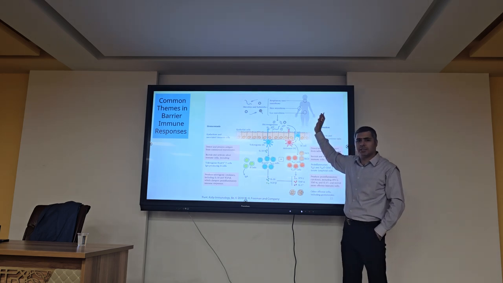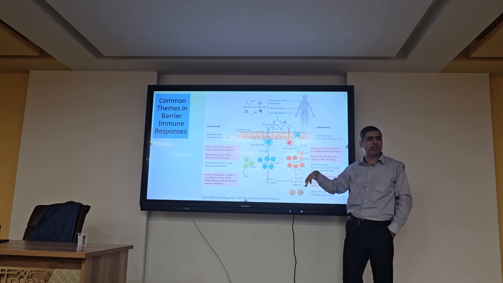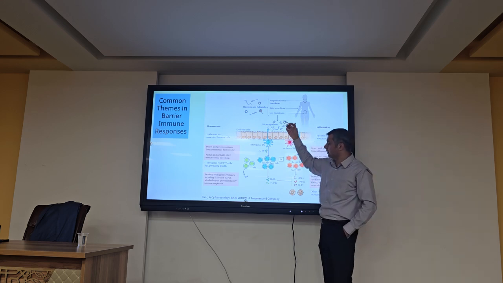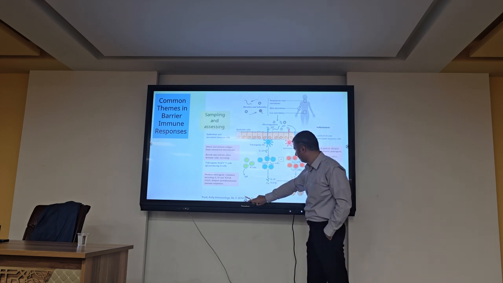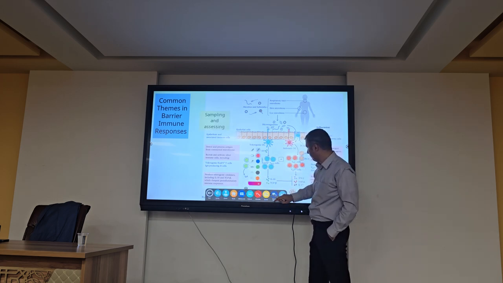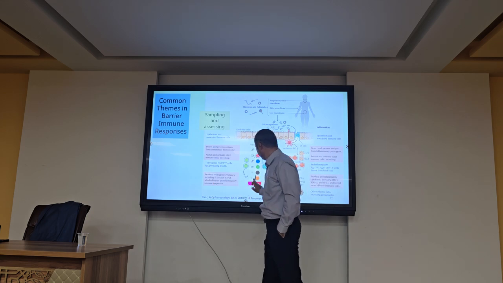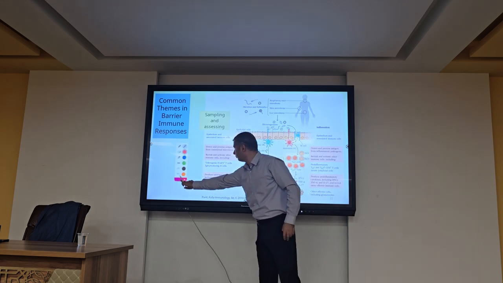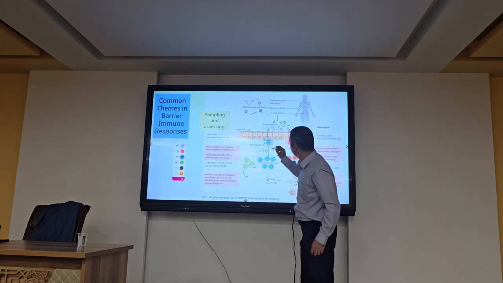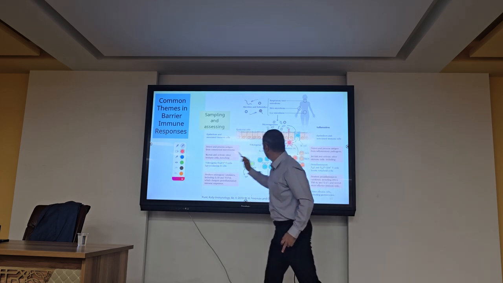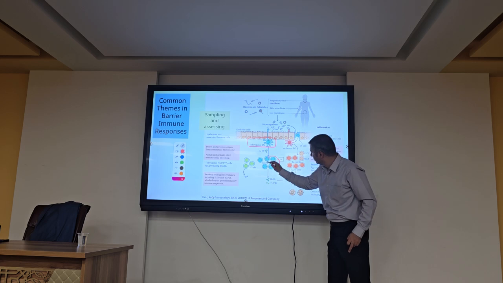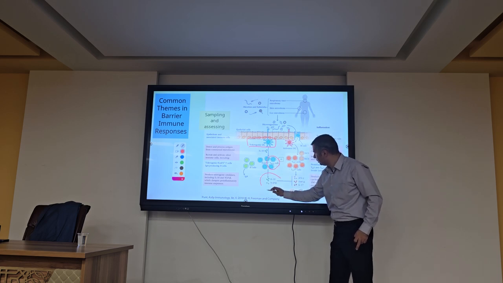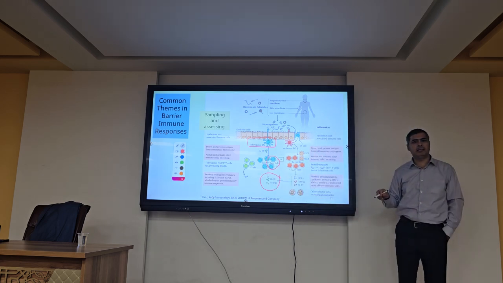Whenever there is no pathogen, but there is normal flora, commensal bacteria, we have mainly tolerogenic dendritic cells and regulatory T cells that produce IL-10 and TGF-beta.